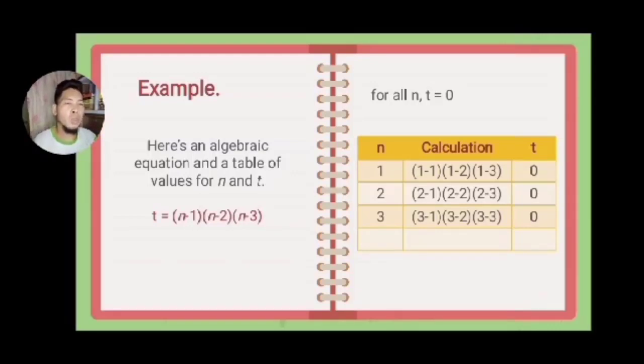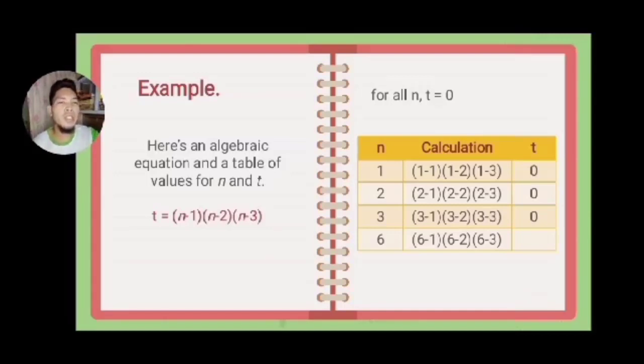But here we will use a counterexample which will show that the statement or conjecture is wrong or false. So, for example, we will put n as 6. We will replace n with 6. 6 minus 1 is equal to 5, times 6 minus 2 is equal to 4, times 6 minus 3 is equal to 3.